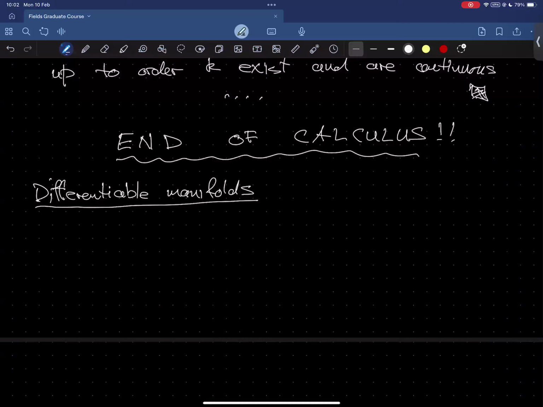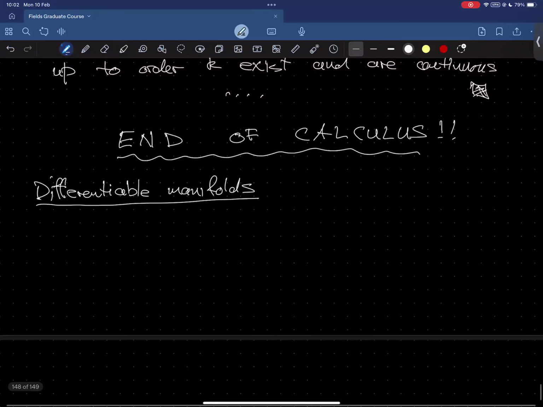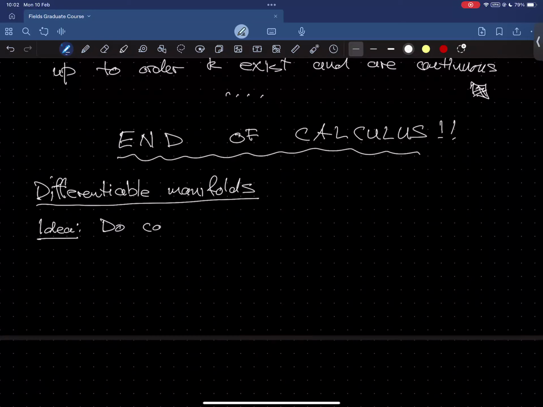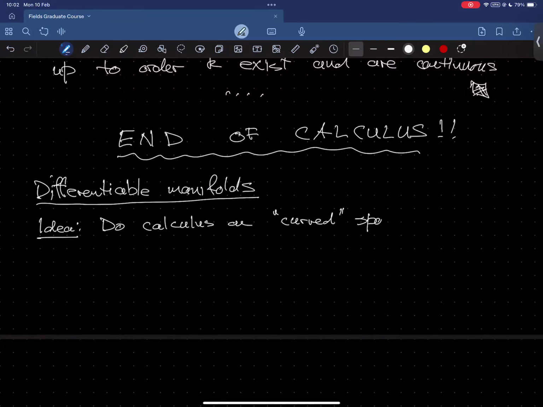Okay, so what's the idea of a differentiable manifold? The idea is you want to do calculus on curved spaces.